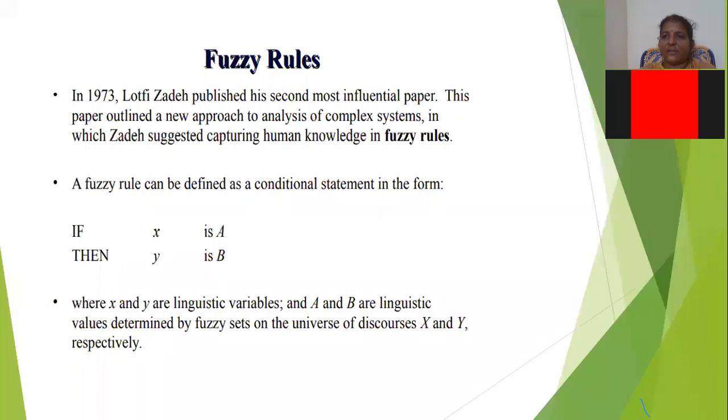He gave the fuzzy rules, which indicate a conditional statement. Here, a fuzzy rule can be defined in the form: if x is A, then y is B. Here, x and y are linguistic variables. A and B are linguistic values or membership functions.